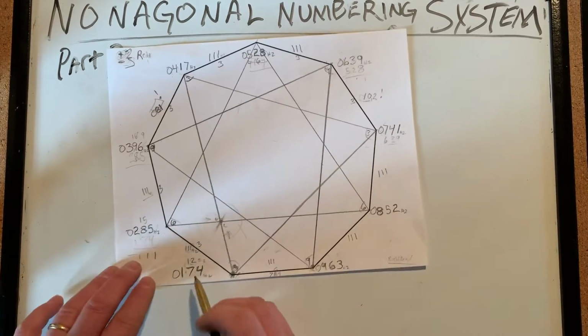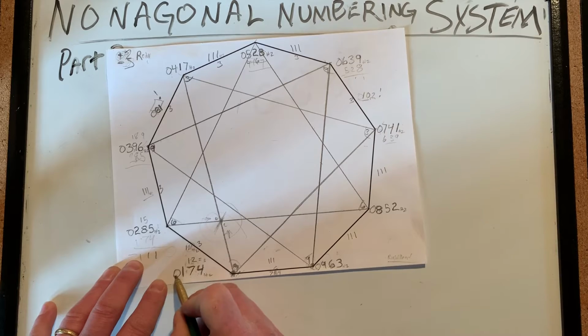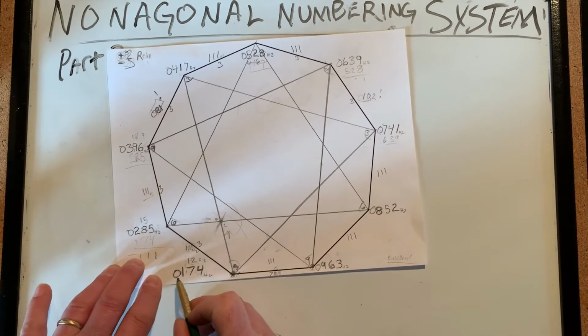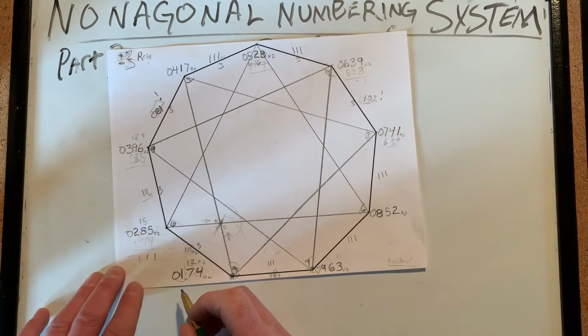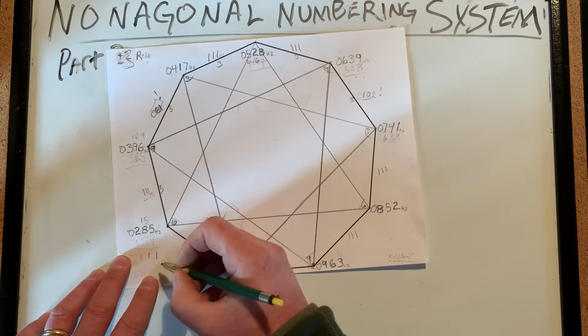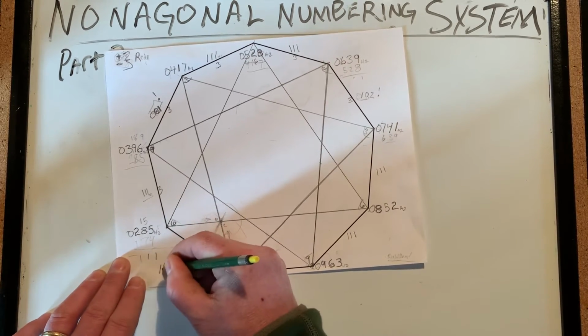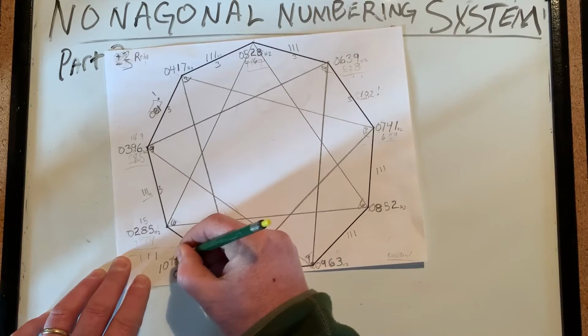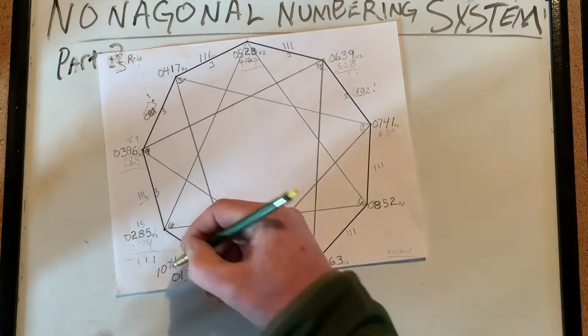What do we get? Well, wouldn't you know, this 0, which was hidden away, suddenly moves one place to the right, giving us the number 1074.